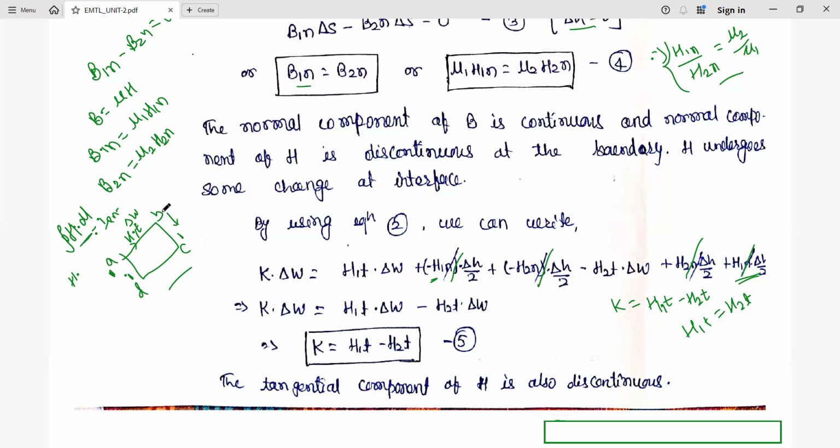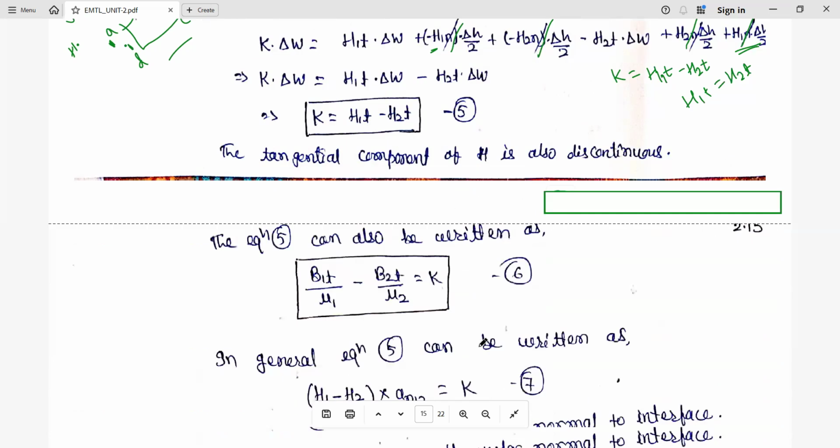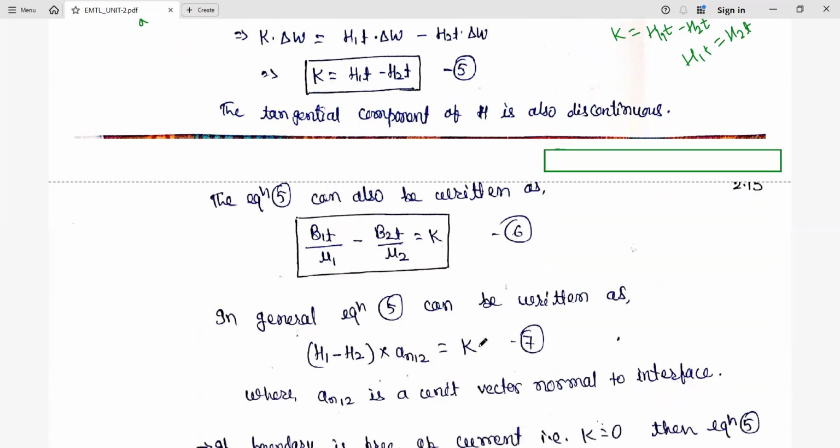Okay. If K is not 0, then K equal to H1T minus H2T, which means the tangential component is discontinuous. Only in the special case where K is 0 will we have continuity. So now, the same thing we can write in the case of flux density.